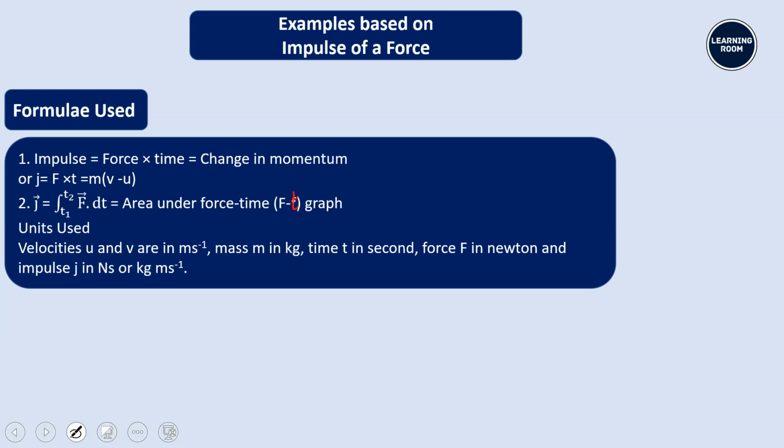Okay. So velocities u and v are in meter per second, mass is in kilogram, time is in second, force is in Newton, and impulse is measured in Newton second or kilogram meter per second. I think we have discussed all these parameters in that one page, right? Yeah, that's right.